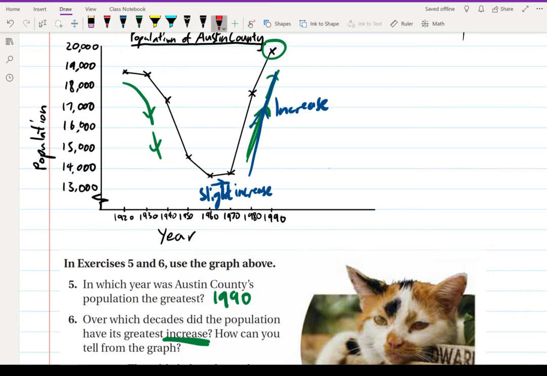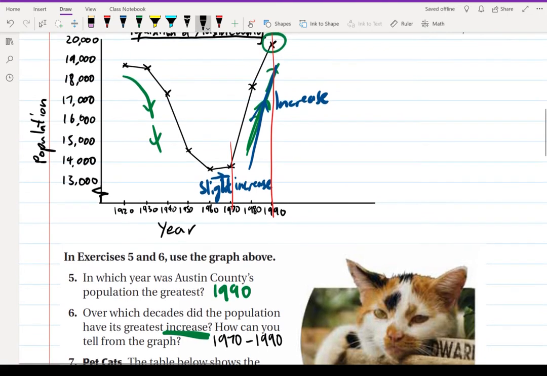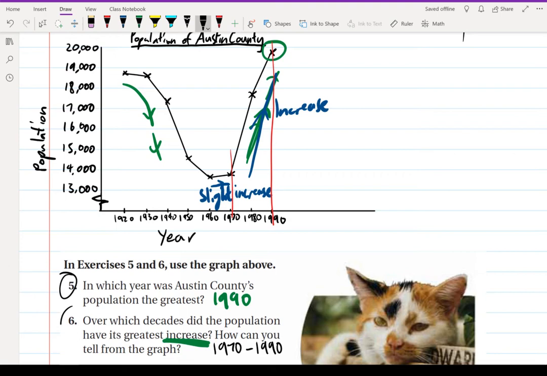The place where it really counts is between this all the way to here. That's the biggest increase. So what is that? That is from 1970 to 1990. Make sure you copy down these two questions in your notes as well so that you can answer the question and see in your notes in the future as well.